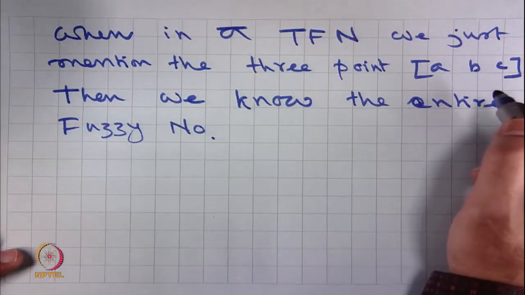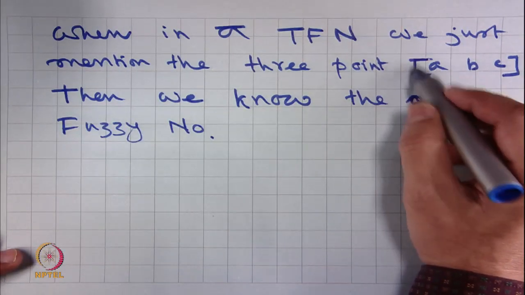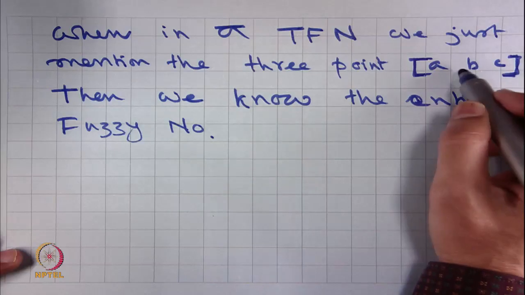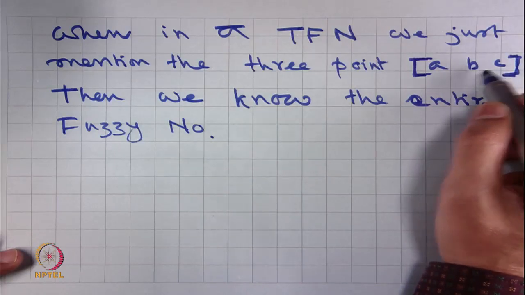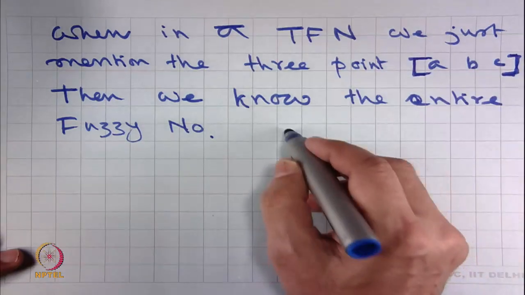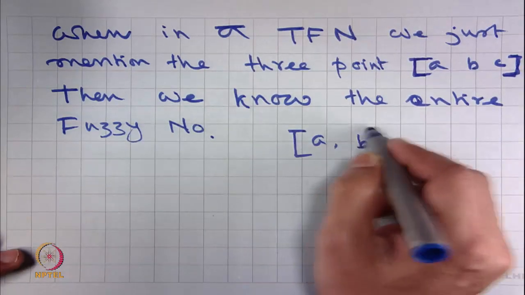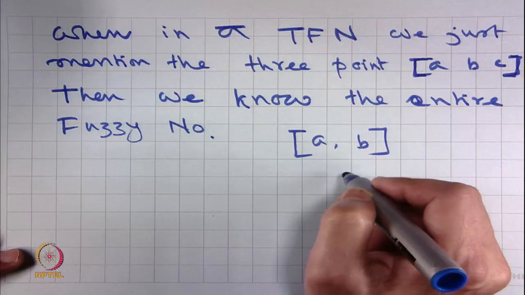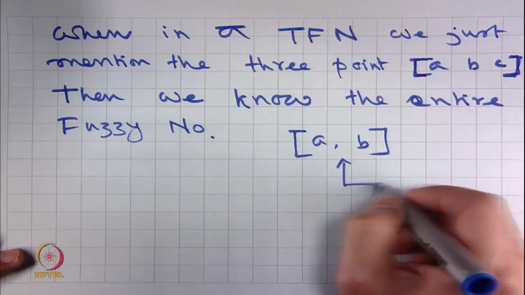Please note that when I am using a TFN, I am not putting any comma and there are 3 numbers A, B, C, which is different from [A, B], which is basically a closed interval.